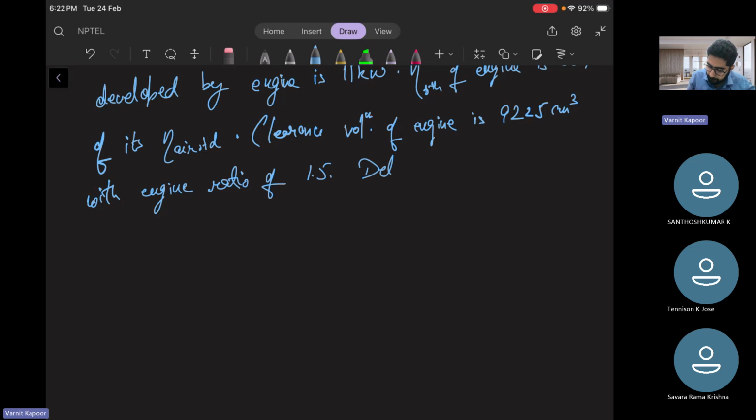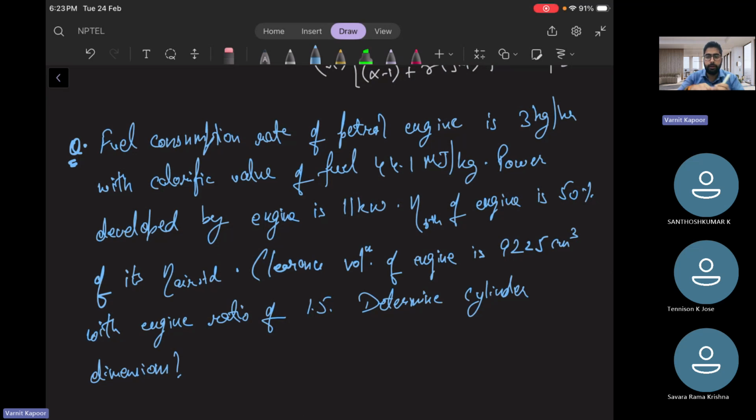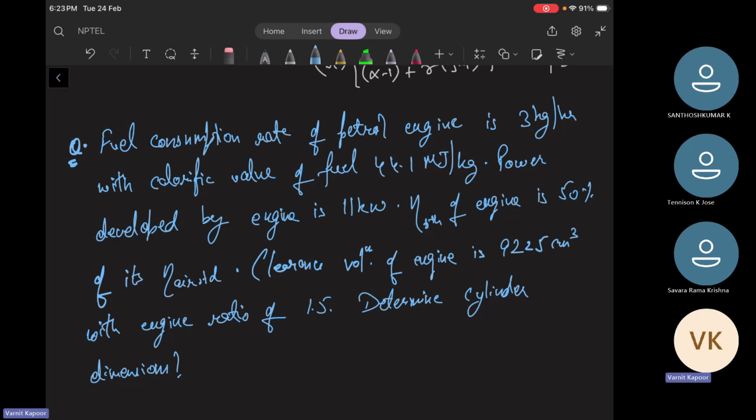Determine cylinder dimensions. All right. Take a few minutes and tell me the answer for this. I'm in the class itself.